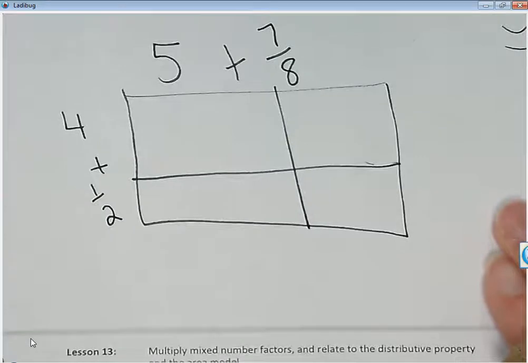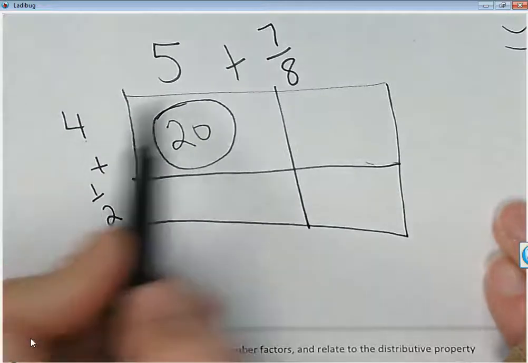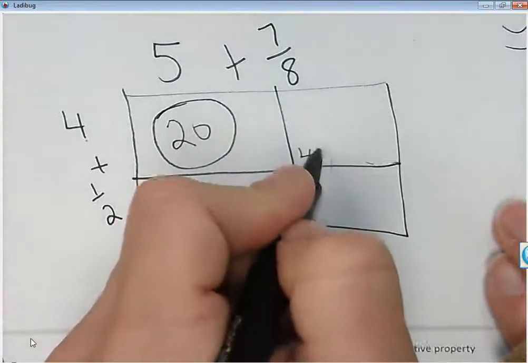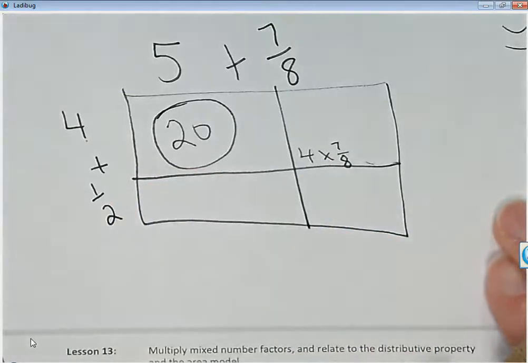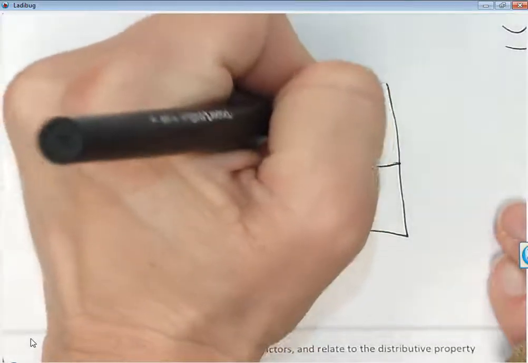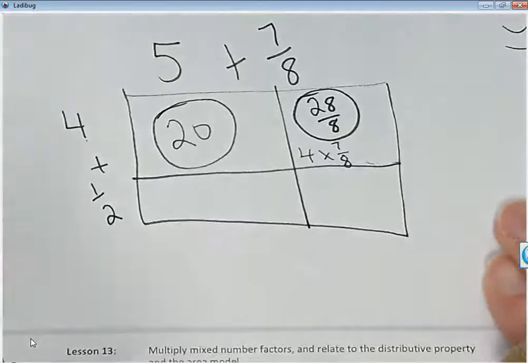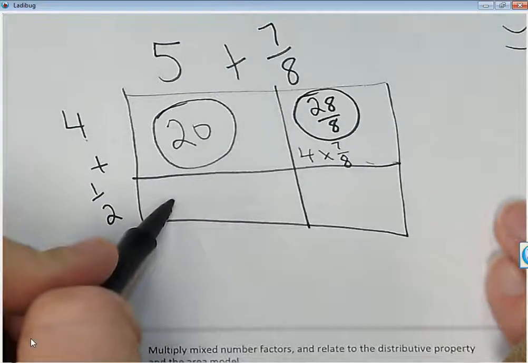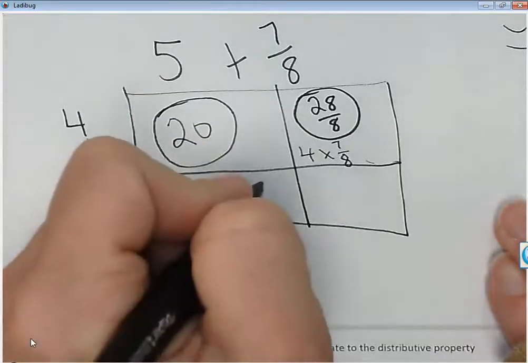So 5 times 4 is 20. 4 times 7/8. 4 times 7 is 28 eighths. 5 times 1/2 is 5/2.